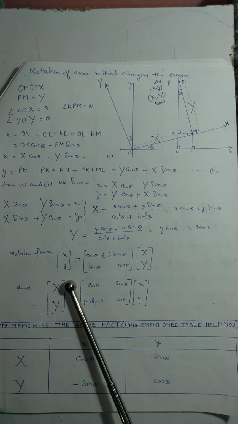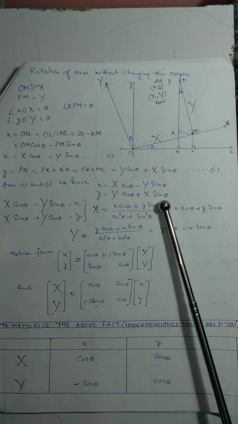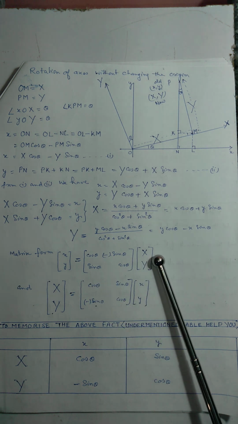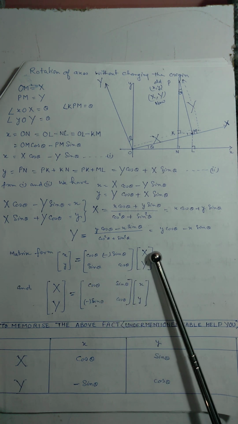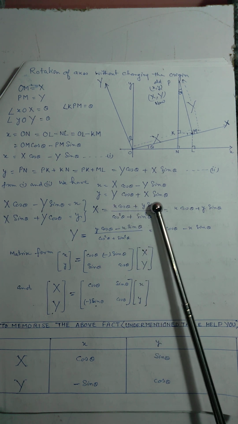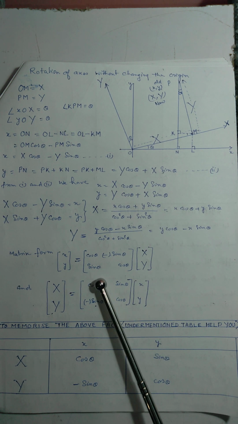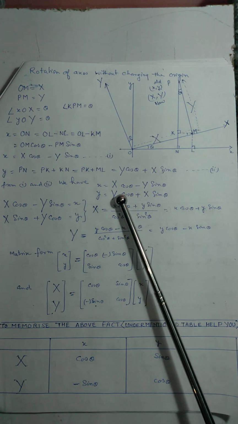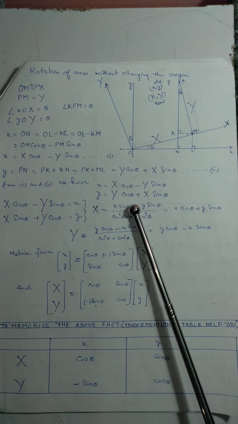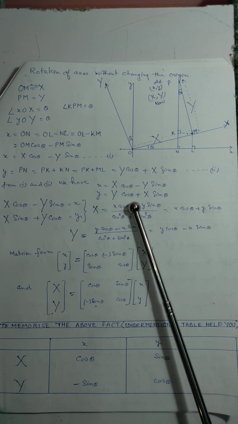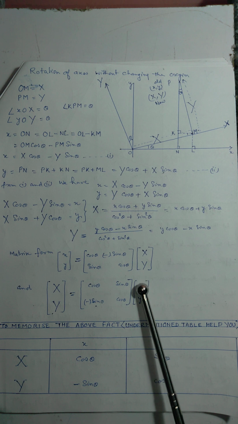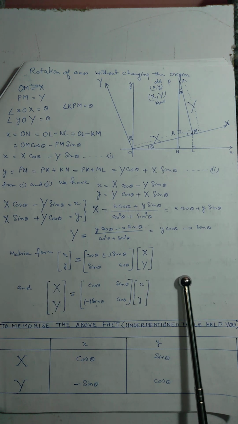In order to find small y, sin theta will be multiplied to capital X, and cos theta will be multiplied to capital Y. So I have mentioned here capital Y cos theta plus capital X sin theta.